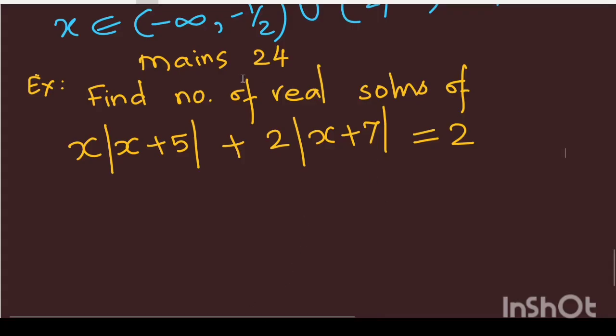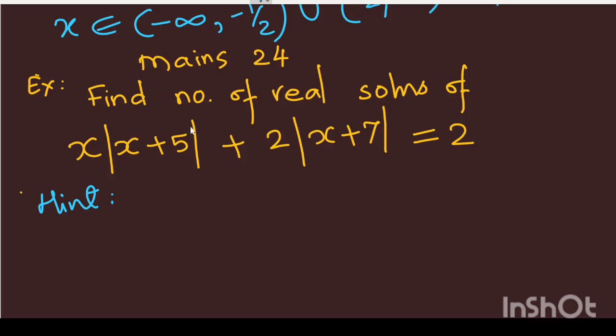So the next question is from Mains 2024. Find the number of real solutions of mod x plus 5 plus 2 mod of x plus 7 equals 2. So what should be our approach? What should be the hint of this problem, guys?